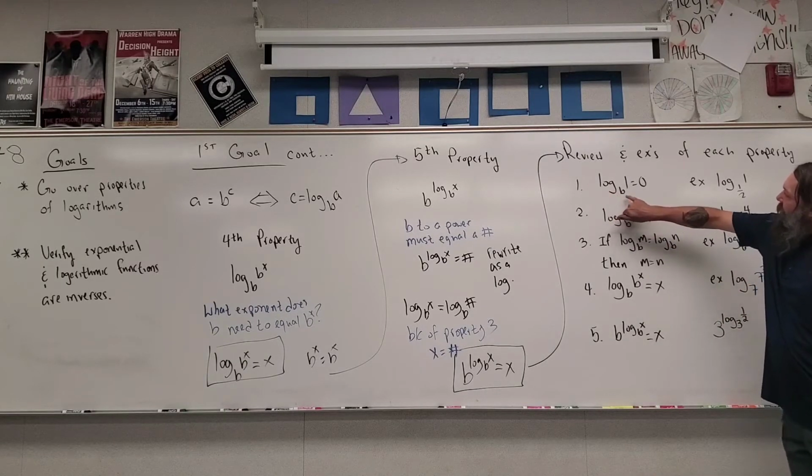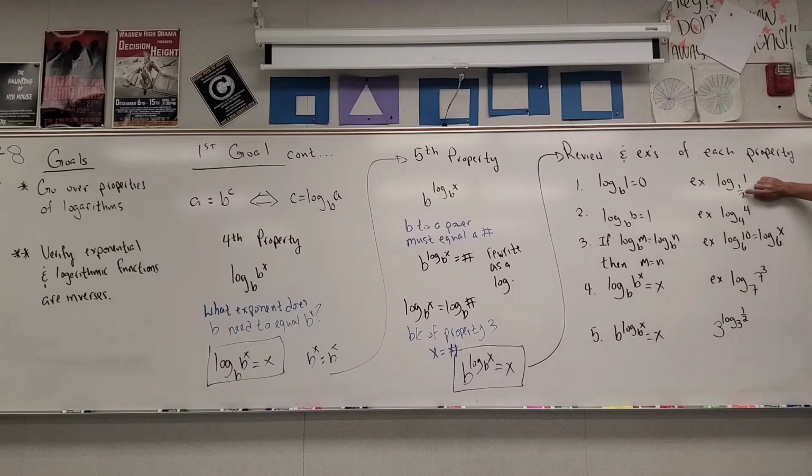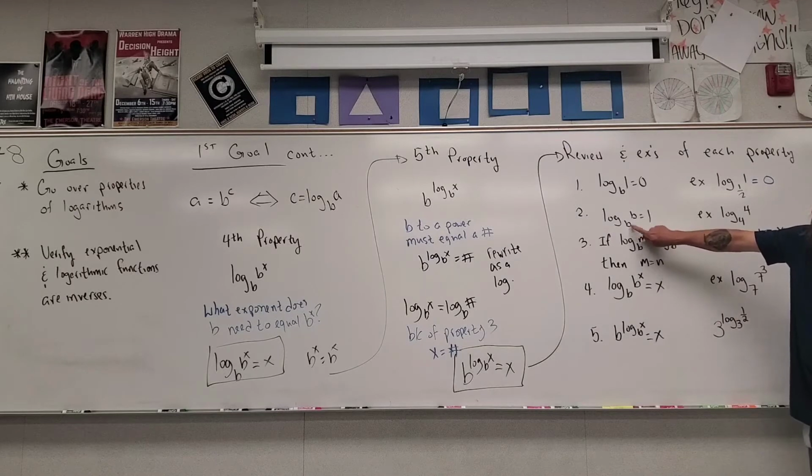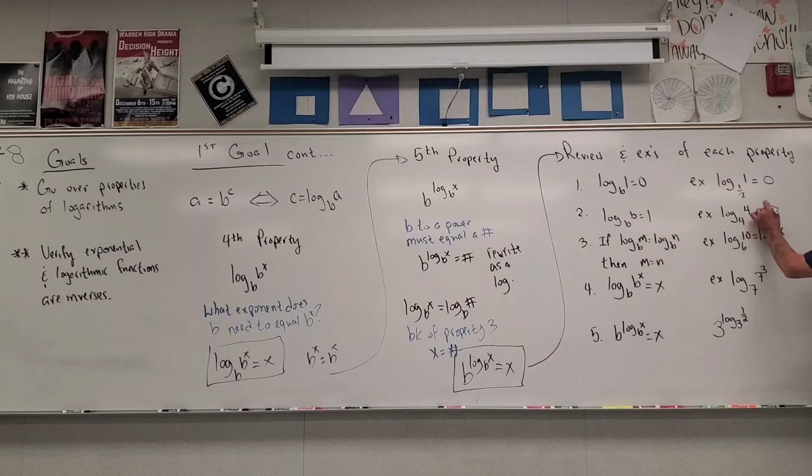Log base b of 1 means that I need an exponent of 0 to get to 1, so this has to equal 0. What exponent does b need to equal b? It needs an exponent of 1.